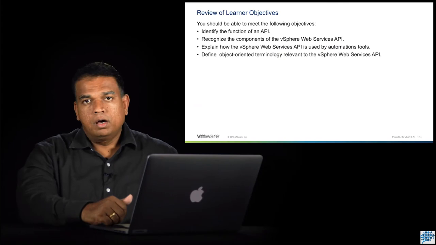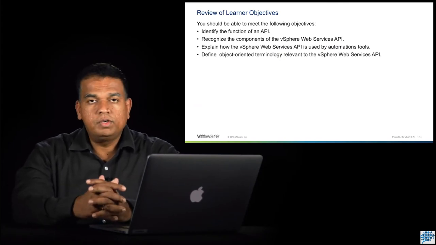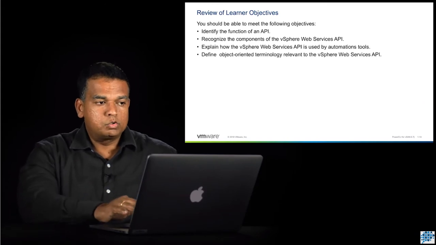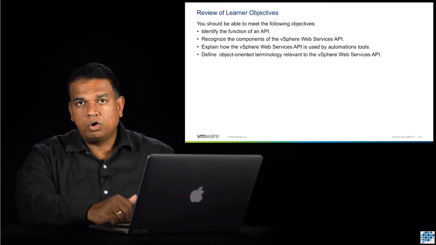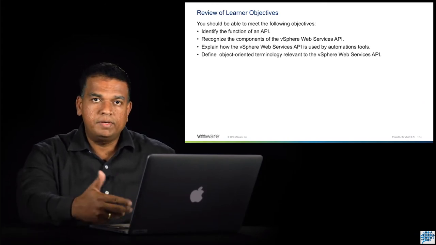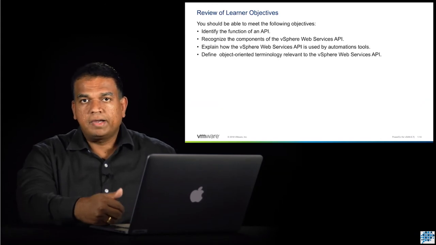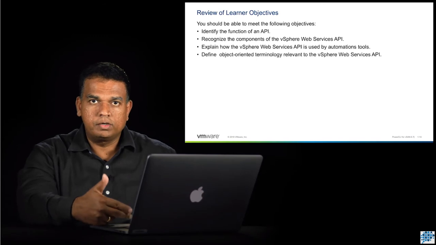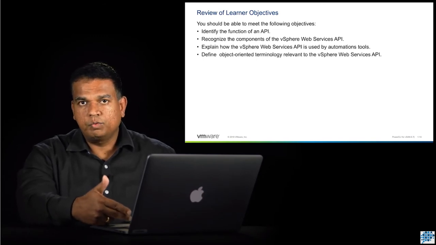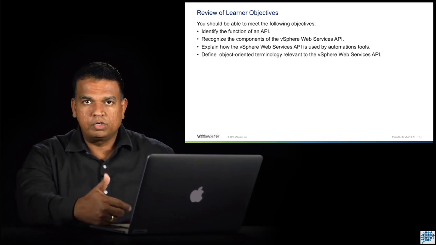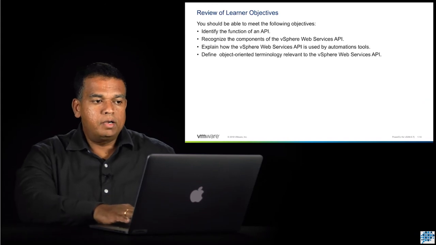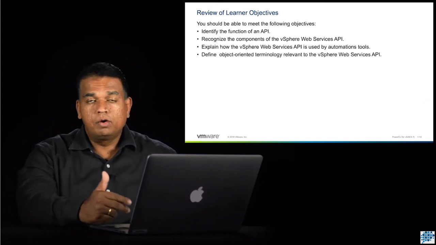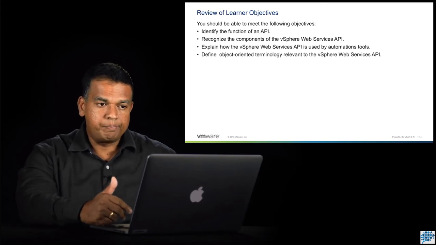So in review, what are the things we learned about the vSphere Web Services API? We identified the function of an API. Basically, an API is nothing but a kind of hook or lever which allows us to connect to the software components inside that particular software. We looked at the various components associated with the vSphere Web Services API.